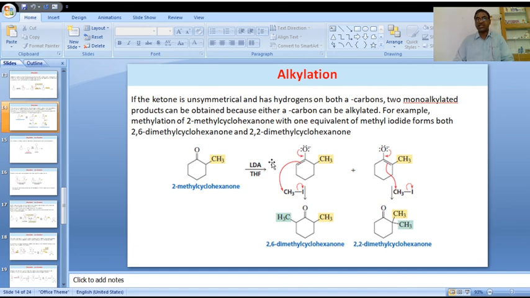This type of reaction may proceed on either side of the alpha carbon, which can be alkylated, giving two types of products. Is it clear? This is about the alkylation process.